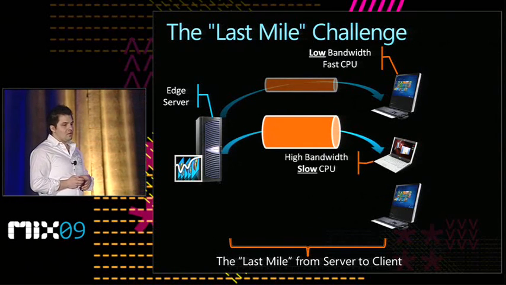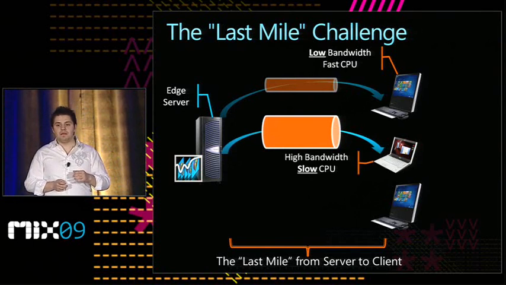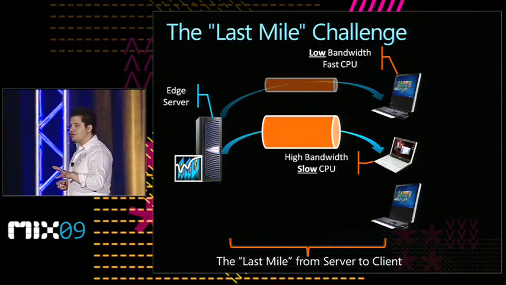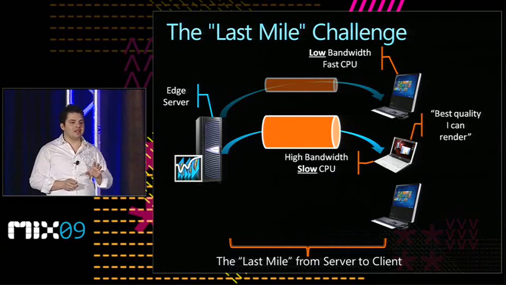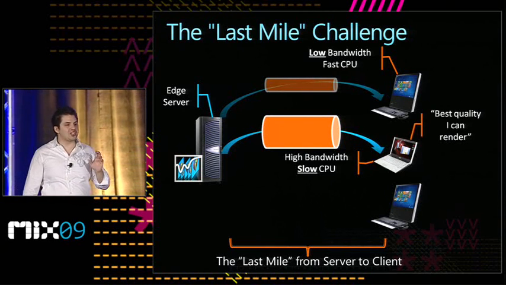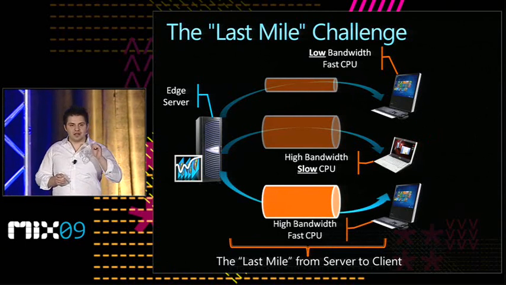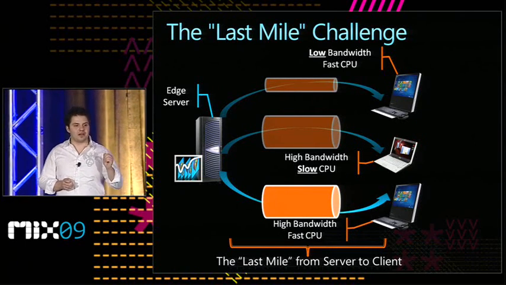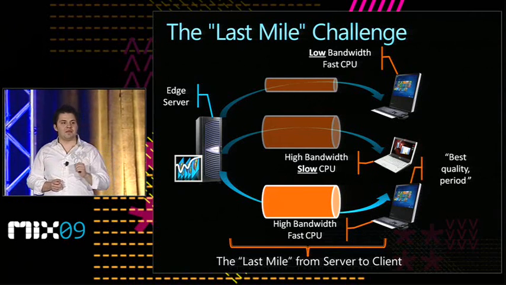Another type of client, so maybe this is somebody running around with a netbook. You've got a great connection, but you're limited in terms of what you can decode and render. So the best experience we can do for that client is, give me the best quality I can actually render. And finally, you have somebody who's got the latest and greatest hardware, and they've got a great connection. And what you really need to do for them is give them the best quality, period.